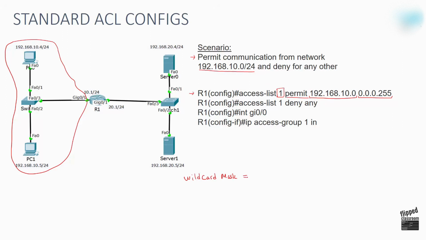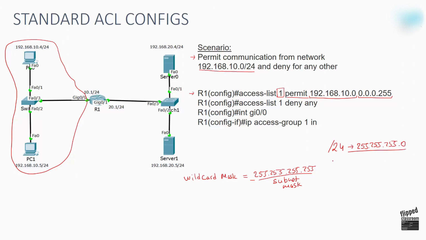The wildcard mask is equal to 255.255.255.255 minus the subnet mask. So if your prefix is 24, then your subnet mask is 255.255.255.0.